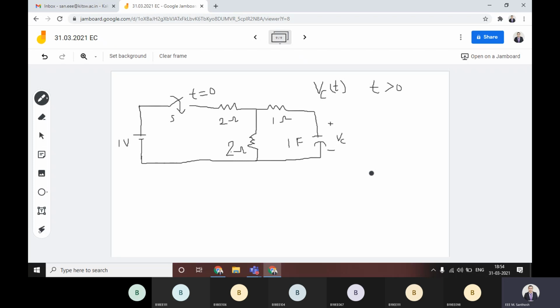You try to understand here. The switch is open for a long time and is closed at t equal to 0. What is the meaning of this?